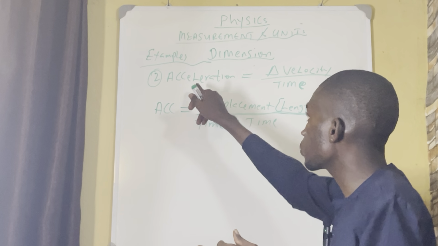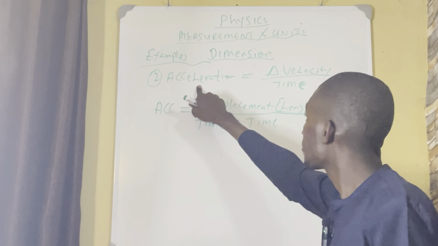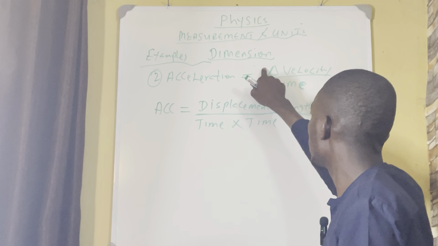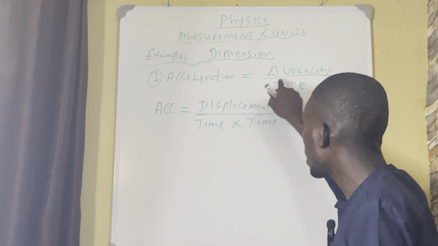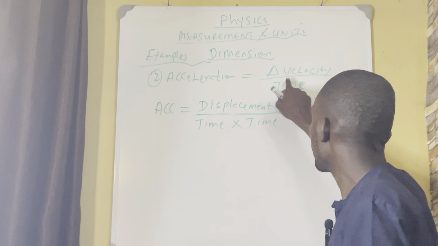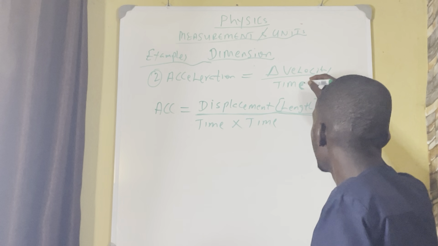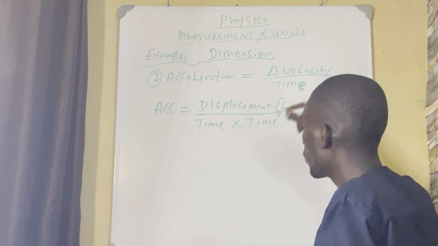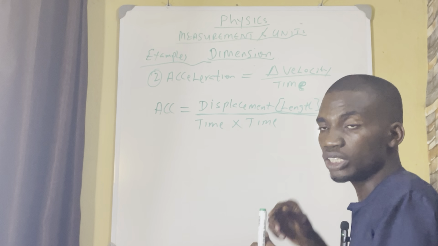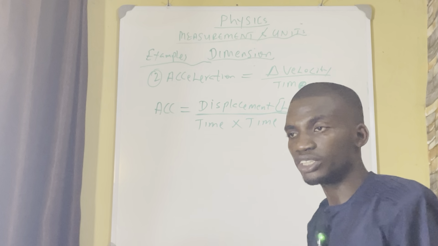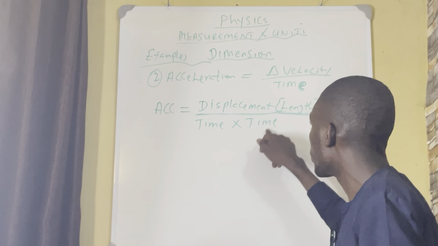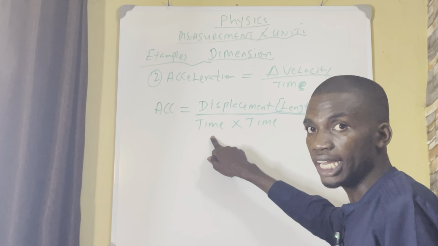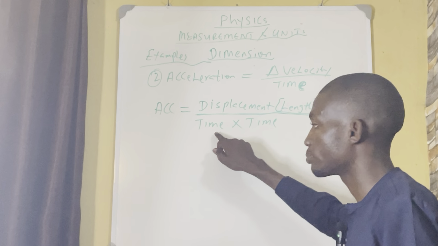So in the first one, they ask you about acceleration. The first thing you get is change in velocity over time. We have gotten time, which is among the basic fundamental quantities. But velocity is not. You now convert velocity, which is displacement over time, and bring out another time. That is the first time.